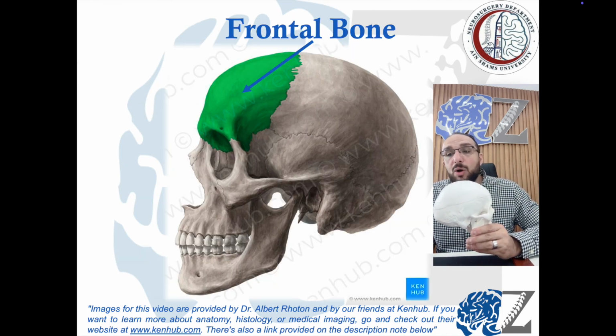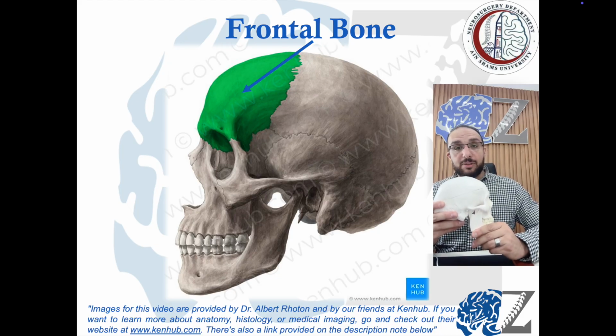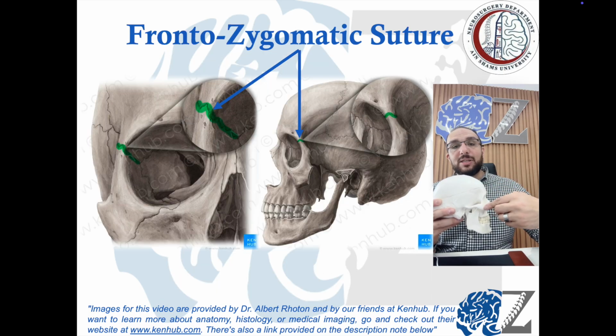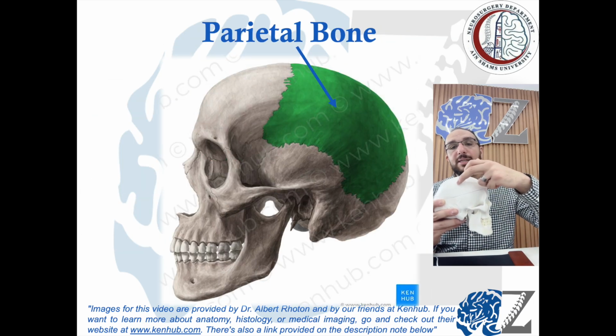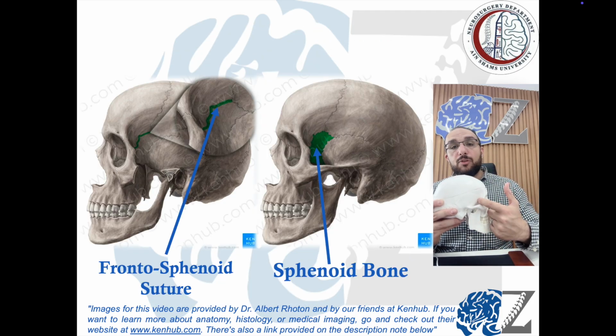And this is what we have to know about the frontal bone from the lateral aspect. This is the frontal bone as I look at it from the lateral aspect. I can even see the zygomatic process of the frontal bone from here as it fuses with the zygomatic bone, forming the frontozygomatic suture. Behind the frontal bone there is the parietal bone, and between them is the coronal suture. It fuses with the sphenoidal bone, forming the frontosphenoidal suture.